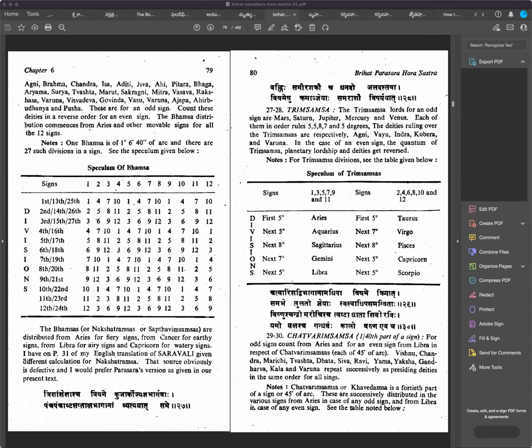People used to see, according to the person's chart, which tattva is dominating in his body, and the disease by which tattva is caused. So according to that they can use it. That's why this Trimshamsha is very useful to deal with diseases.